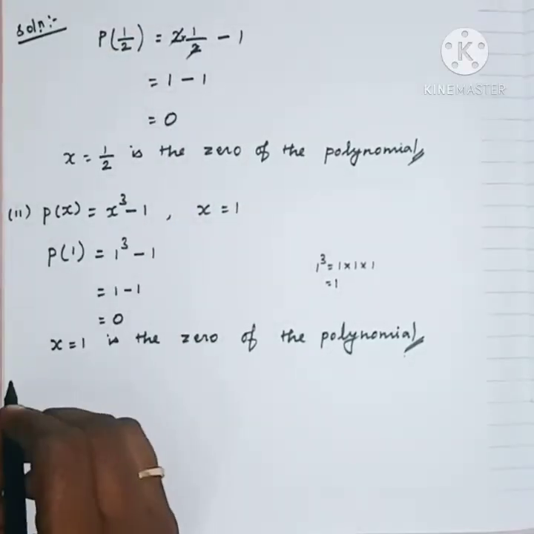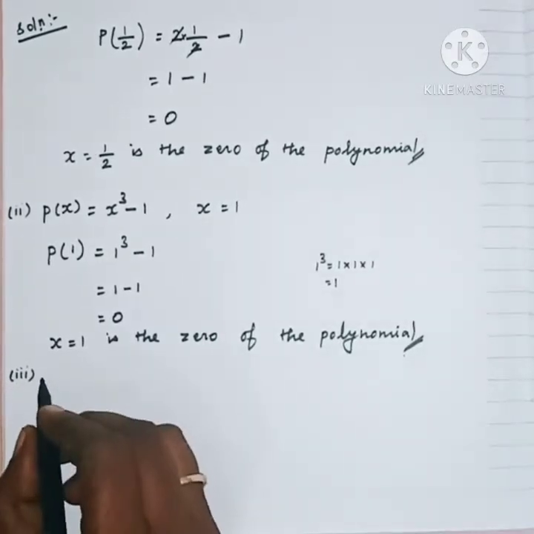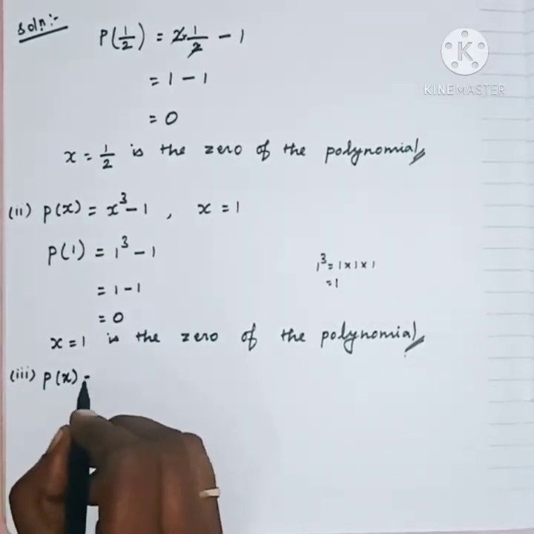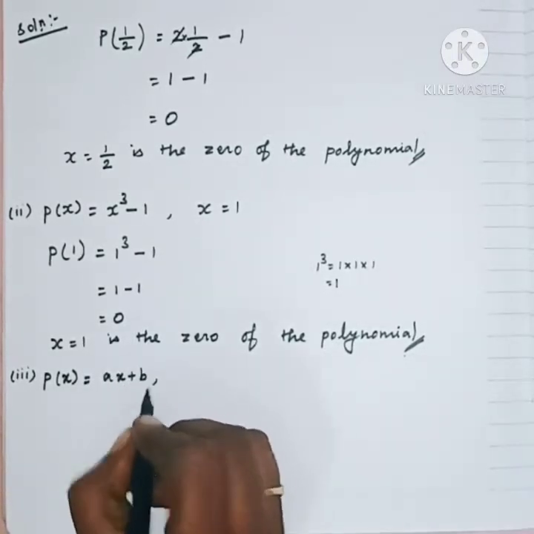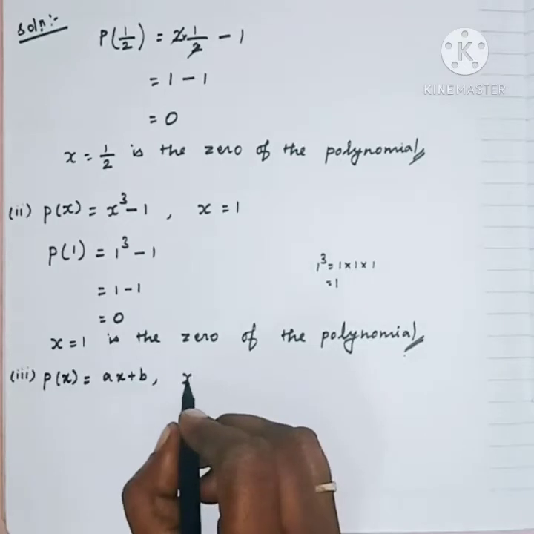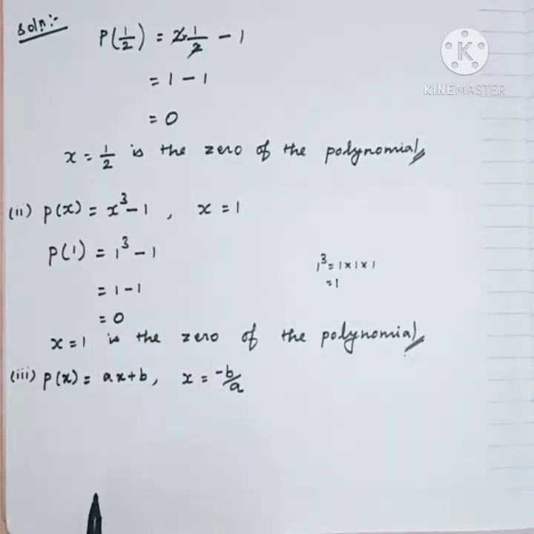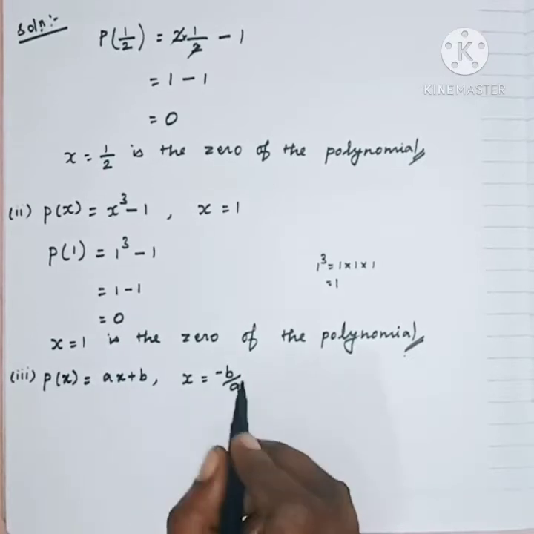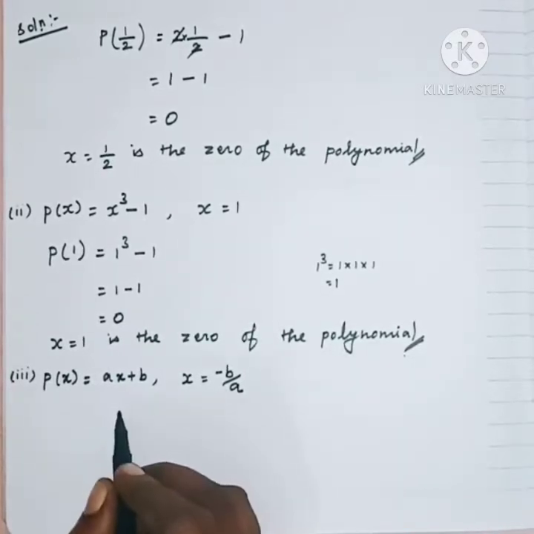Fifth sum, third subdivision. Fifth sum, third subdivision is P of x is equal to ax plus b, and x is equal to minus b by a. So we have to check whether x is equal to minus b by a is the zero of the polynomial or not.